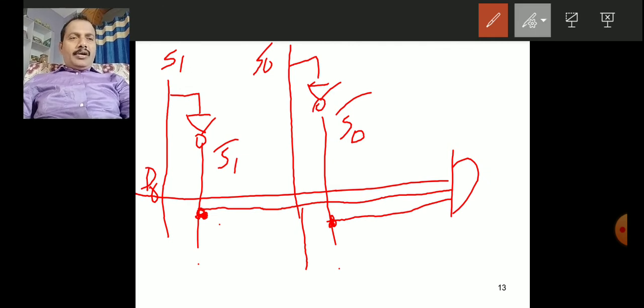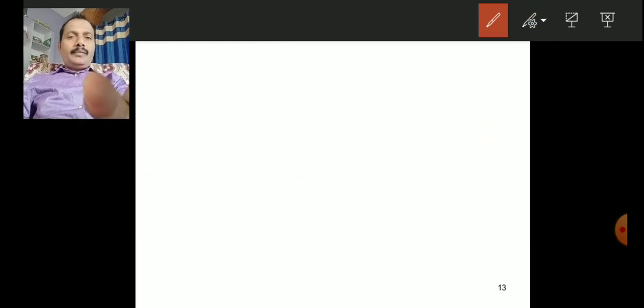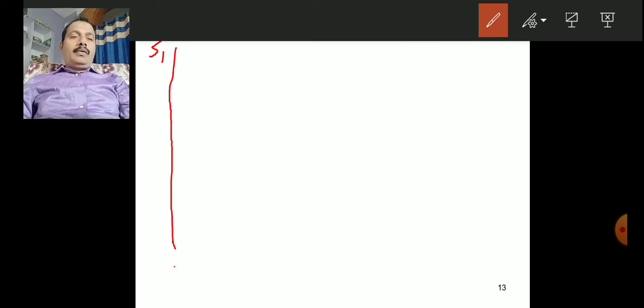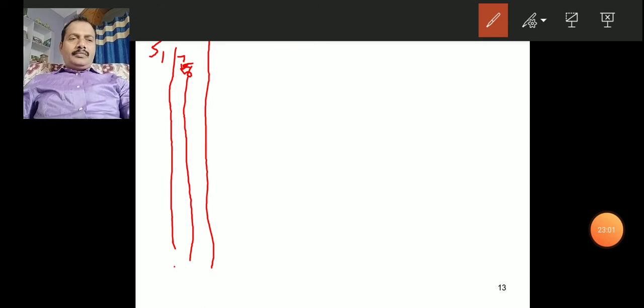So let me draw clearly. S1, NOT gate. Now let us draw the S0 line.